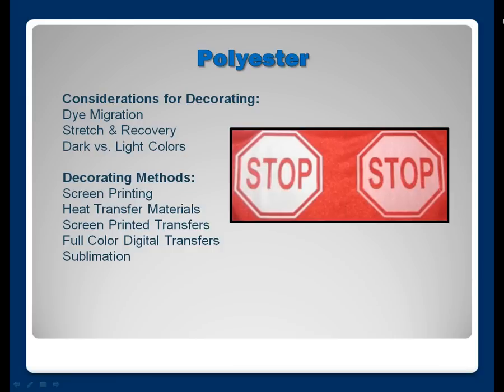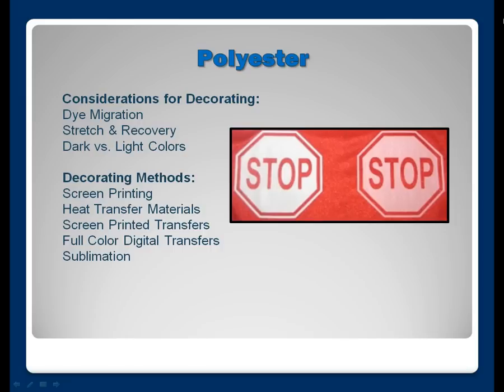Another thing about polyester is that there's some stretch and recovery in that kind of fabric. So you want to make sure that whatever type of decorating method you're using allows for that stretch and recovery, or sometimes it's known as stretch and rebound. We like to say stretch and recovery because when you stretch it, it recovers back to its normal look and there's no distortion to the logo.